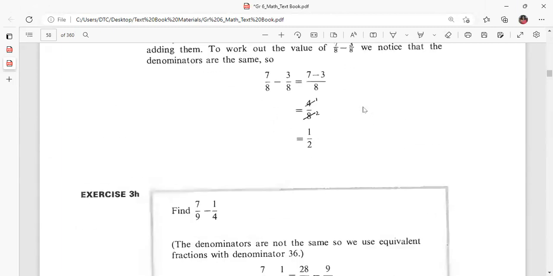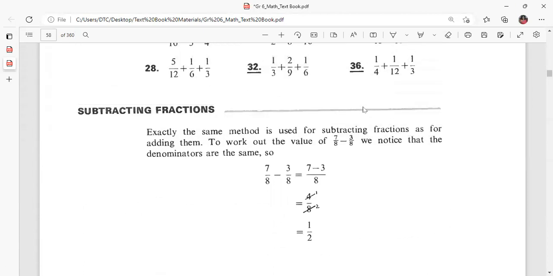See, the common denominator, you just subtract the numerators. So then again here the answer 4/8, you can simplify. Therefore, they have divided both numerator and the denominator by 4. 4 times 1, 4, and 4 times 2, 8. The final answer is 1/2, right?